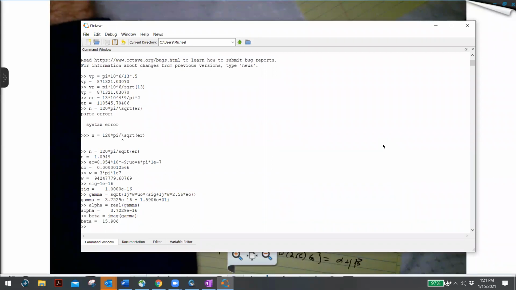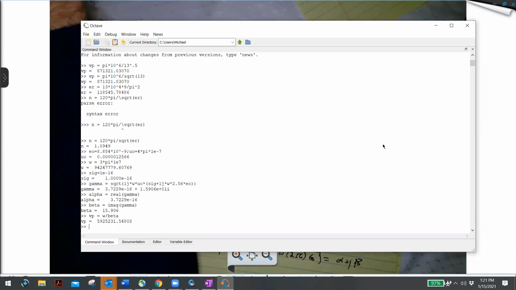Got me on that? So I have alpha and beta. Now I can get the phase velocity if I want. It would be omega over beta, right? So that would be the phase velocity if you asked, right? You with me, everyone?